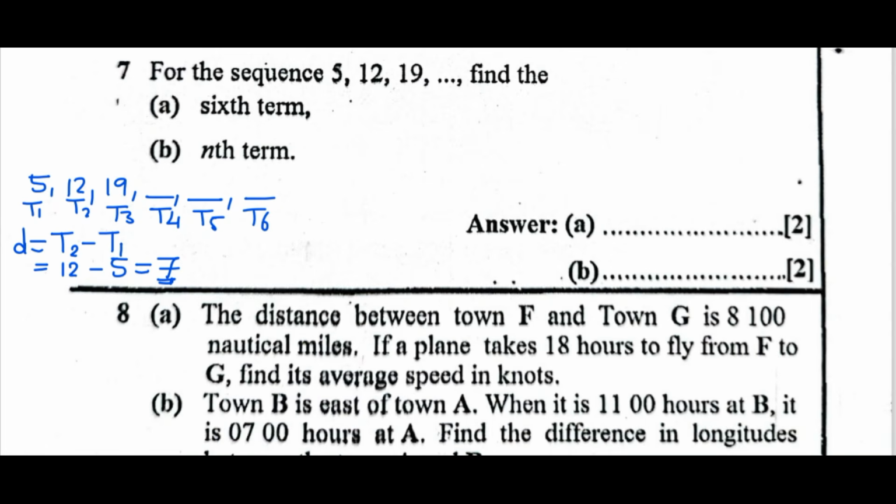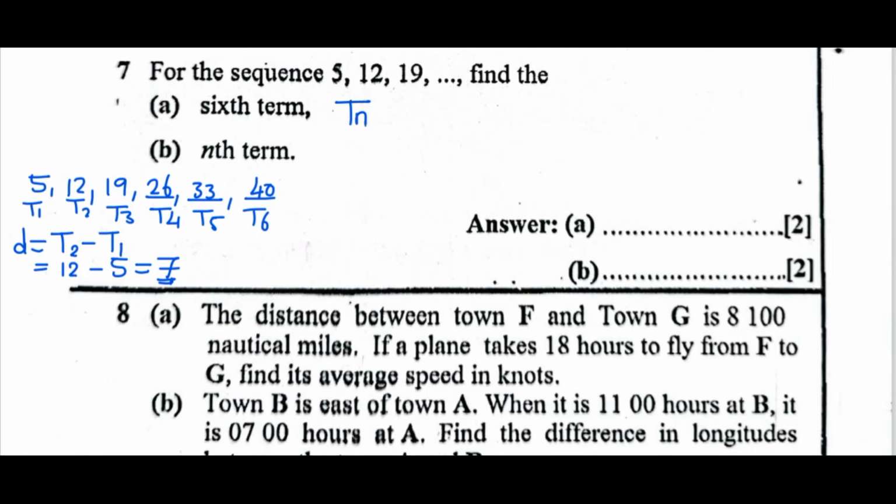So this means that they were adding 7. So 5 plus 7, 12, plus 7, 19. 19 plus 7, 26. Plus 7, we have 33. Plus 7, we get our 40 here. Then we can also find the same number by using the nth term formula.